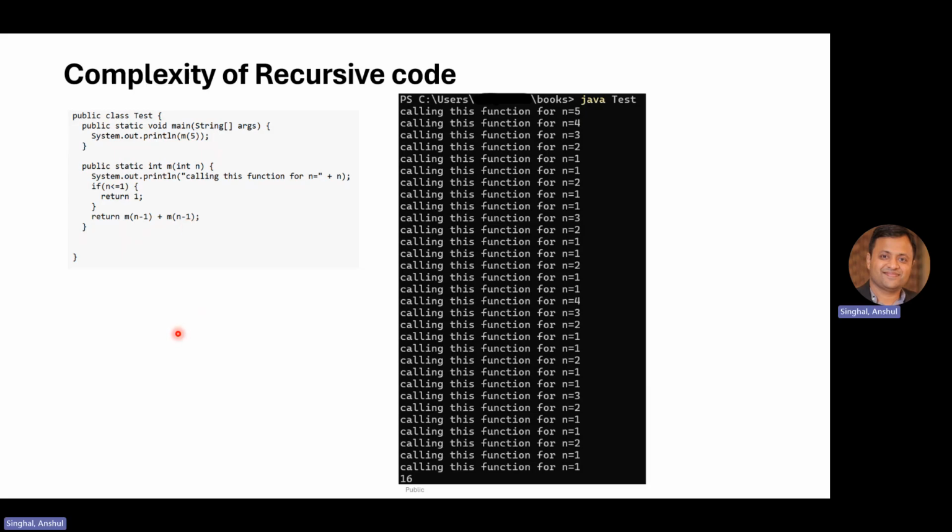To determine in terms of n how many steps we are doing, we have to focus on these two parts, because they deeply call the same method again and again. We have to see how many times we are calling this method, and that is going to be my time complexity.